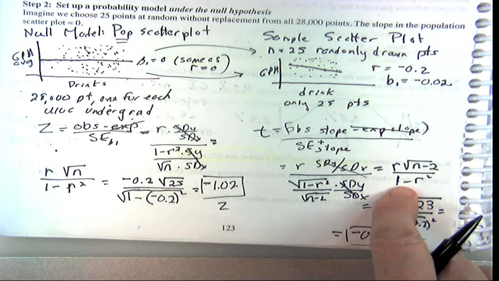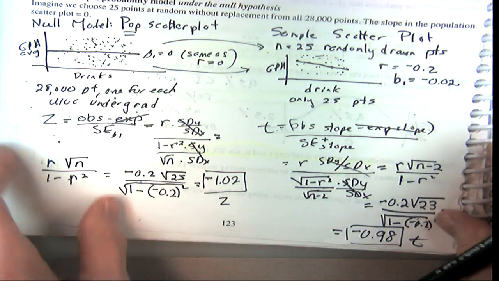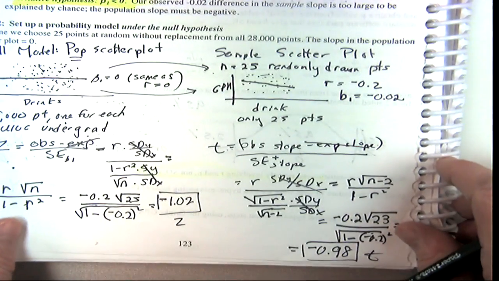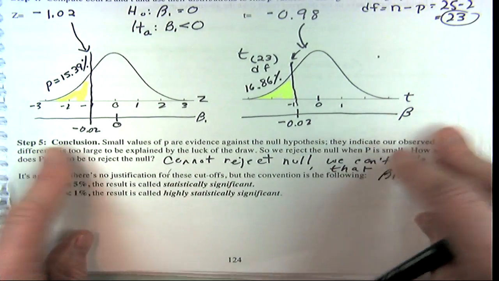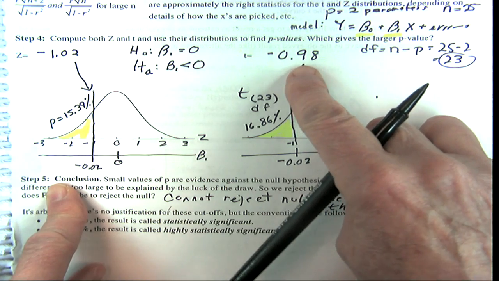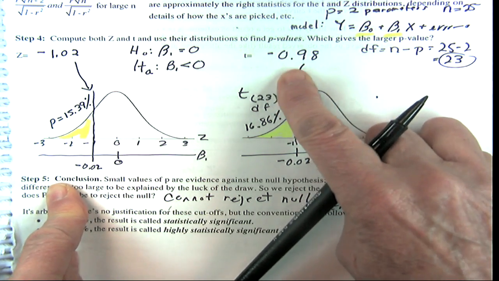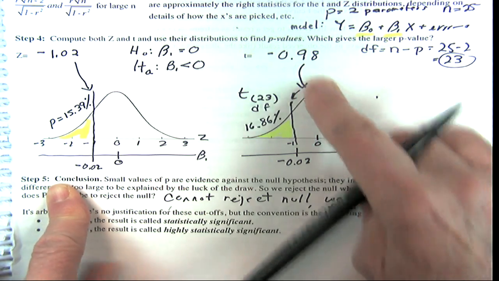See? So when you square that, this is on page 123, this is the same example I'm doing now. It's exactly the same thing. So if we square this, t squared, we'll get df, 0.96.